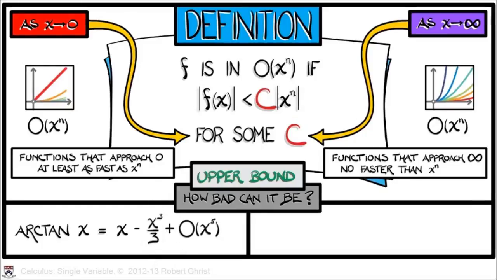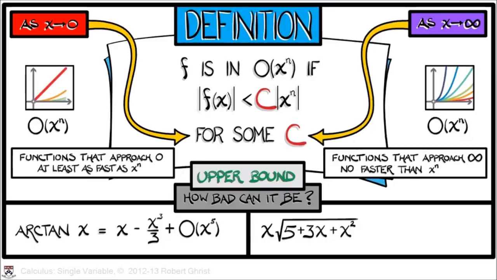Or, if we want to expand further, we could say that arctan of x is x minus x cubed over 3 plus big O of x to the 5th. Likewise, as x goes to infinity, we could look at a function like x times square root of 5 plus 3x plus x squared.